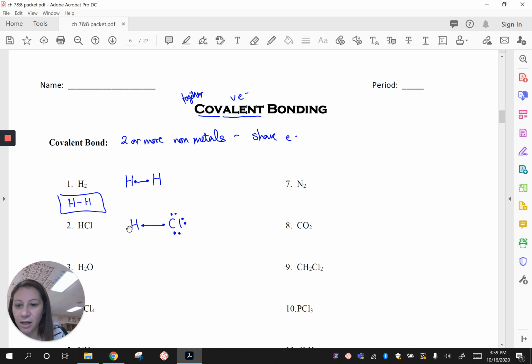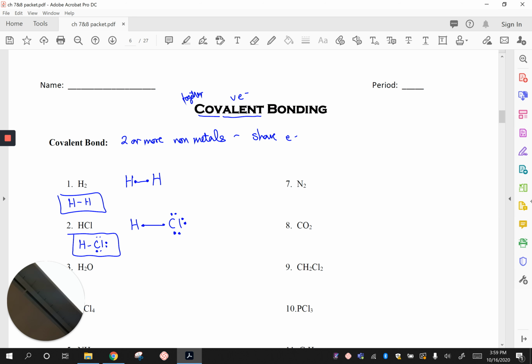Now this hydrogen has 1, 2, so it's good with its duet. This chlorine has 1, 2, and then 3, 4, 5, 6, 7, 8. It has its octet, so everybody's stable. So just rewrite it so it looks a little neater, so it looks like this.